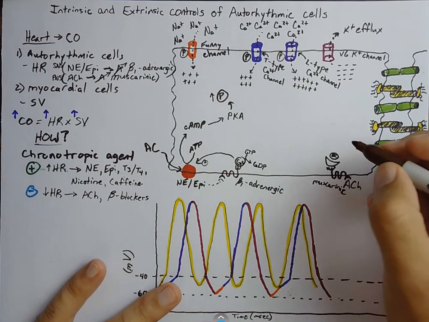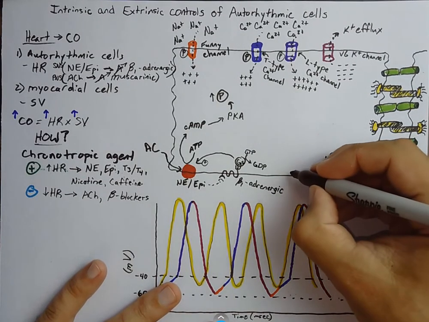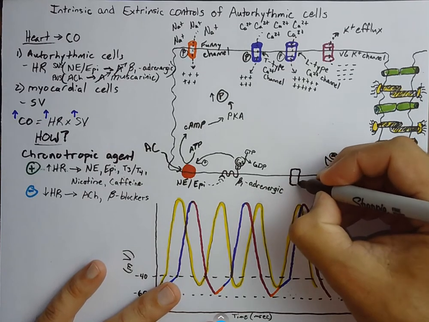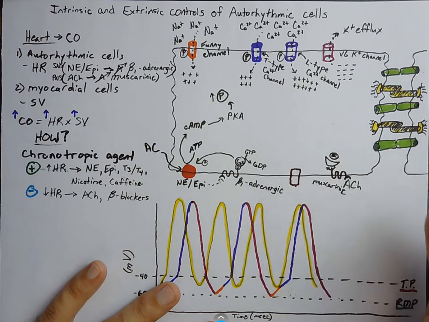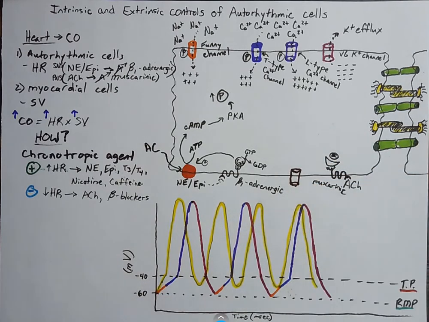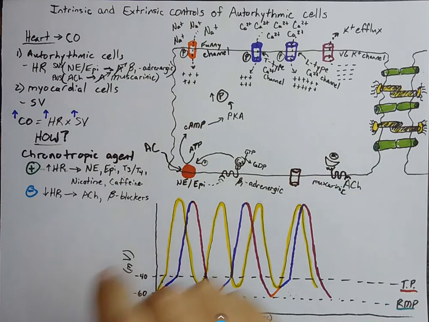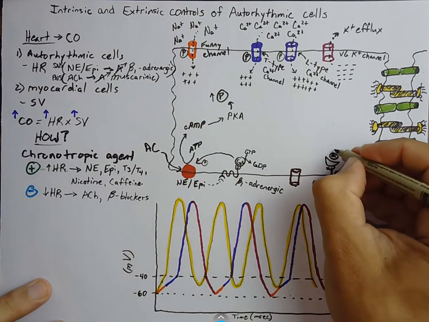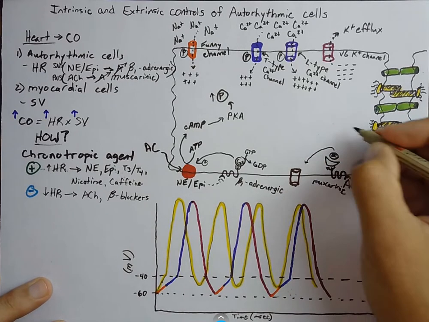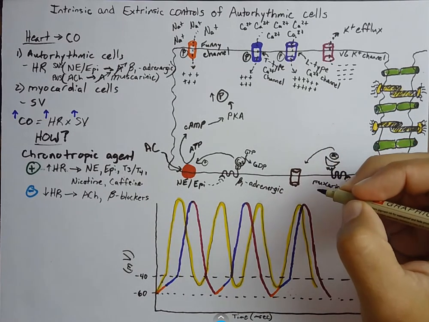These are transient potassium leak channels. So these are going to be leak channels that are only open for short periods of time, and we can regulate those using this alpha-I subunit.